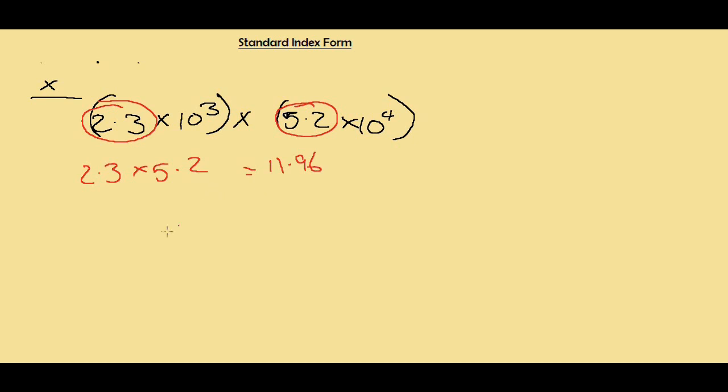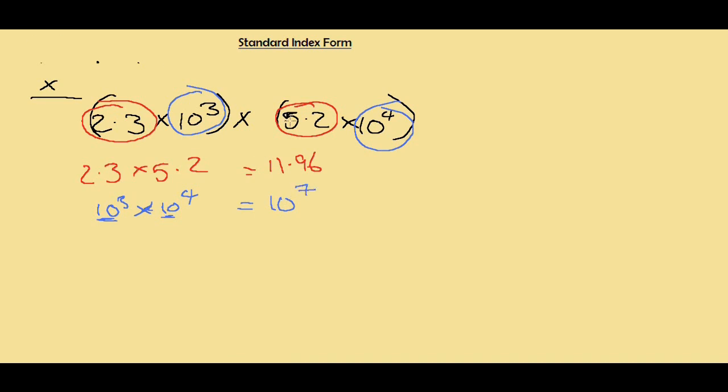We're not looking at the long multiplication form at the moment, but that does equal 11.96. The next part is 10 to the power 3 times 10 to the power 4. If you're wondering how we do that, this is just indices. The base number is 10 in both. We're multiplying, so we add those powers together. So that makes 10 to the power 7.